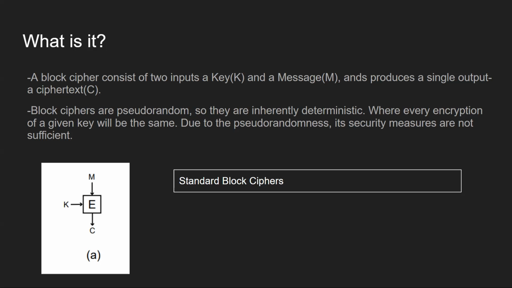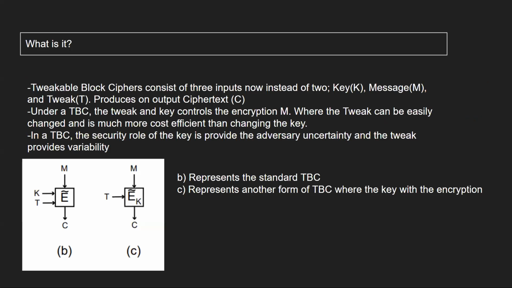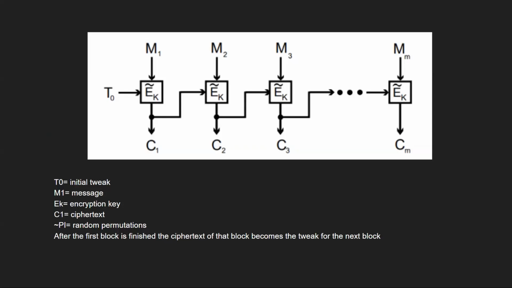So one way they upgraded was to the tweakable block cipher, which allowed the algorithm to stay secure, but also allowed a lot of variability for its users. Tweakable block ciphers consist of three inputs instead of two, which are the key, the message, and a tweak, with an output, which is the ciphertext.